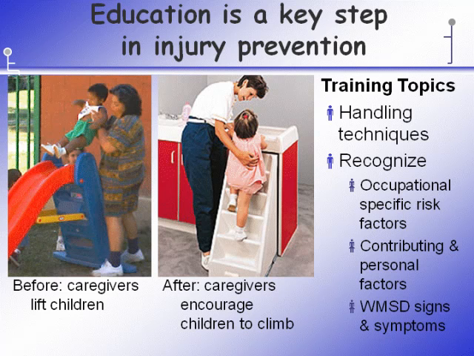So some training topics that you may consider in your work site would be to recognize the specific physical workplace risk factors that are associated with that task or trade, and outline them for your staff, as well as define what the contributing workplace risk factors are, whether they are personal or found in the workplace, and how they can contribute to but do not cause a work-related musculoskeletal disorder.